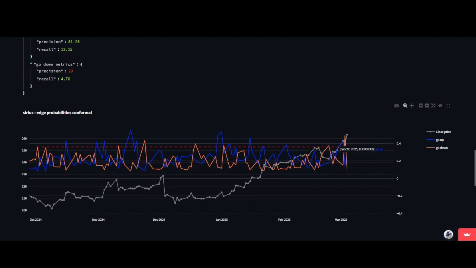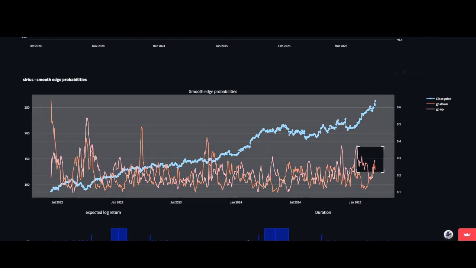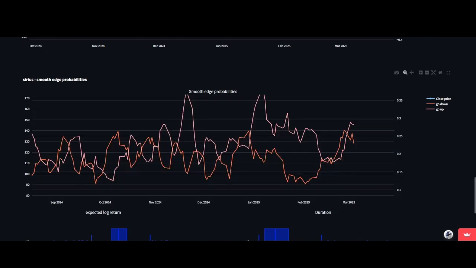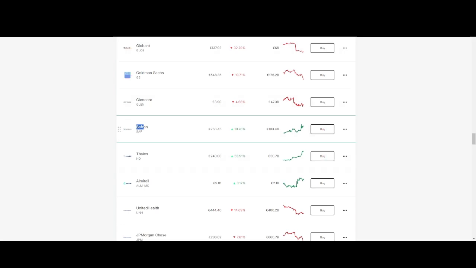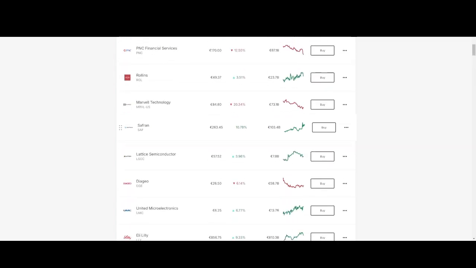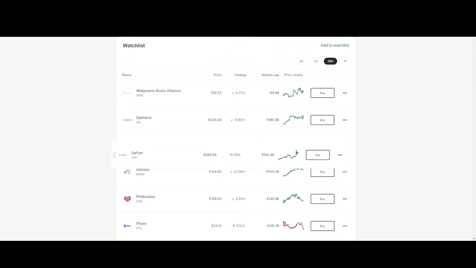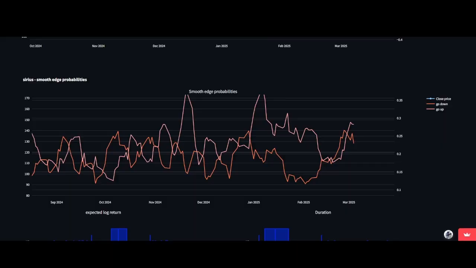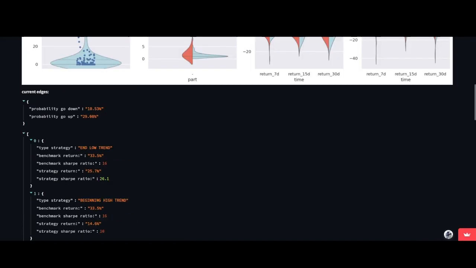The last signal was 2 days ago. So yeah, it seems that it's a promising stock. The power of going up is higher than the power of going down, and it might continue going up. So, quite a promising stock. I really like it. I'm gonna put it first, and then I'm gonna see Thales, which is HOPA. Not bad. I really like this stock.